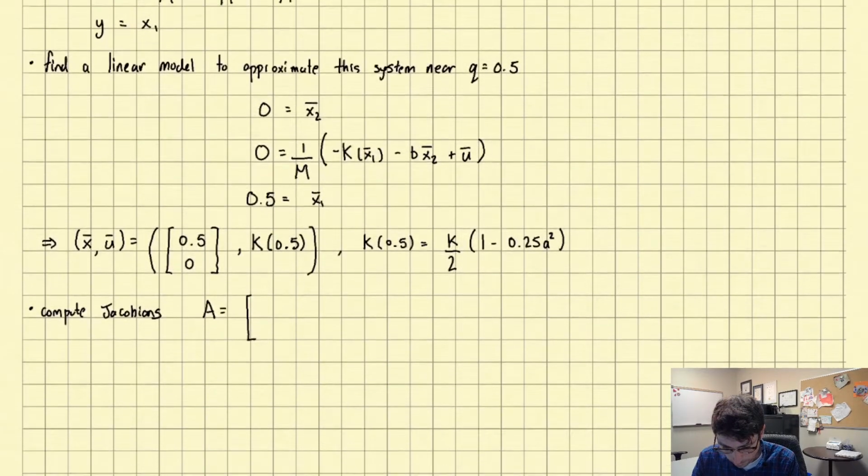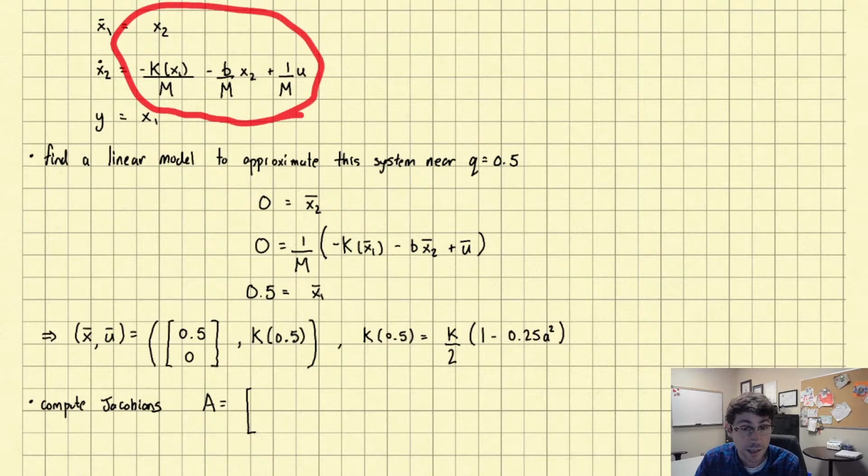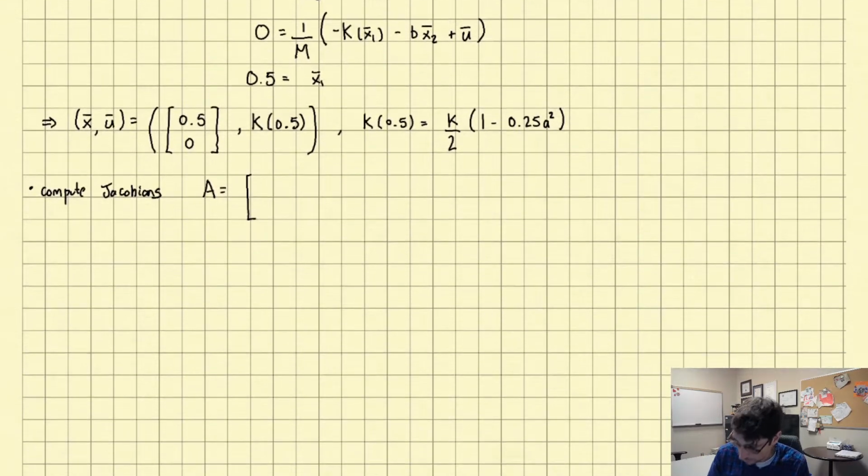I won't go through so much detail. We've already done an example like that. But remember, A comes from taking the partial derivatives with respect to x of this and then evaluating at the equilibrium configuration. So I'm going to do that. And you can verify that you get the following. 0, oops. Let me write it down, then we can talk about it.